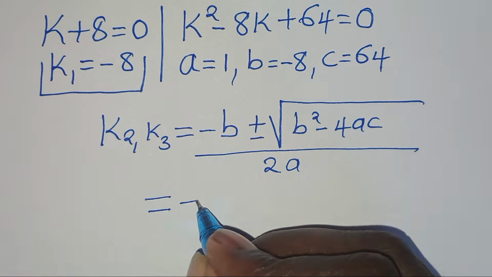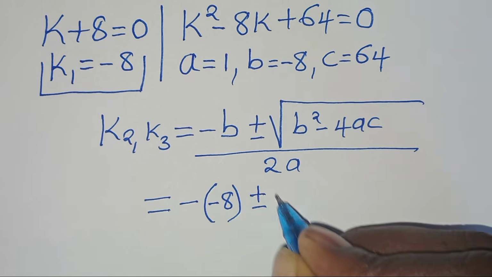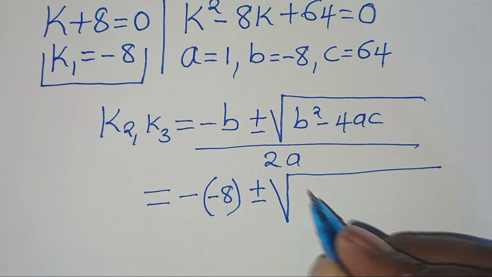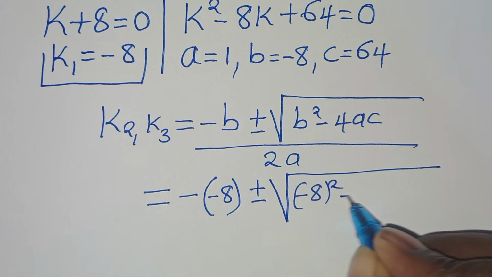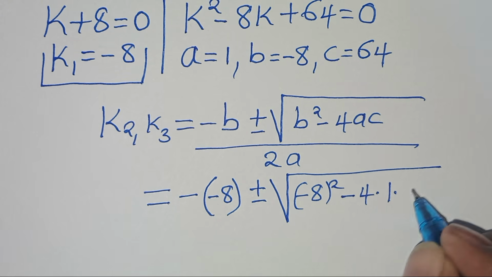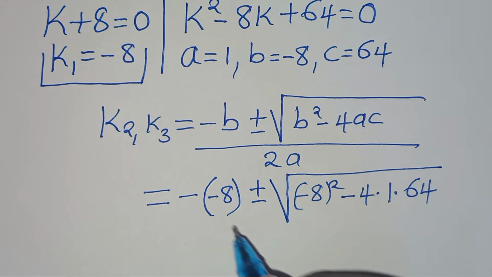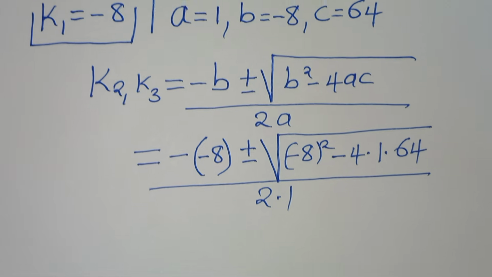So we have negative times negative 8 plus or minus the square root of (negative 8) raised to the power of 2 minus 4 multiplied by a, which is 1, then times c, which is 64. Everything here divided by 2 times 1.